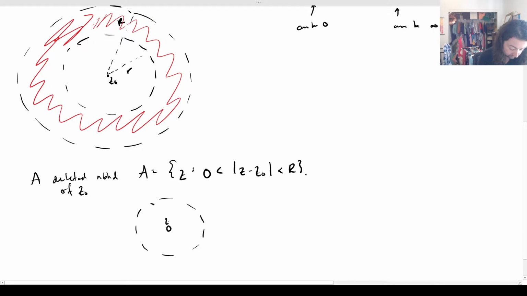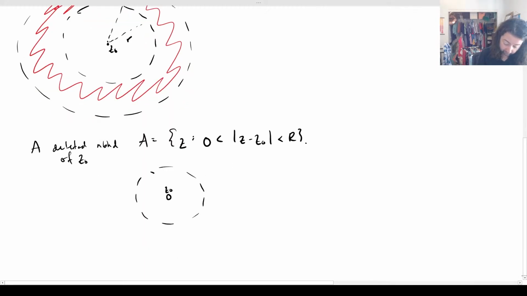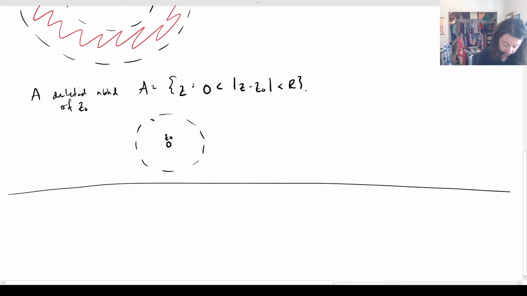It's just a little hole punched out at z naught. So it's a disk that's missing one point in the center, and that's an annulus. The reason that we are treating this with annuli is that deleted neighborhoods are how we characterized when functions have isolated singularities. So this is tied up with the idea of an isolated singularity. And that's going to be a key feature in the theorem that says when Laurent series exist.